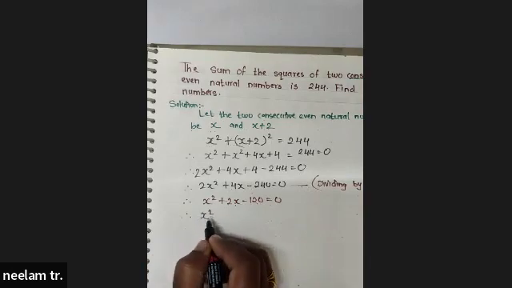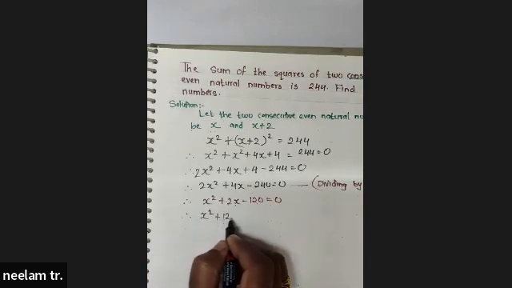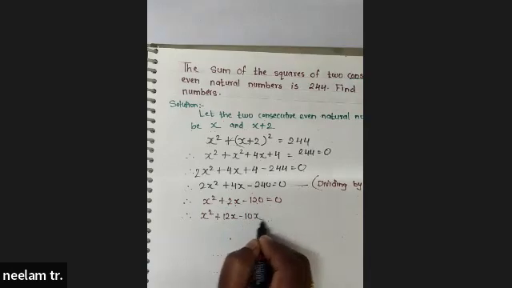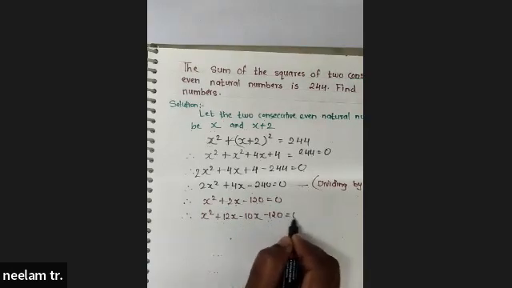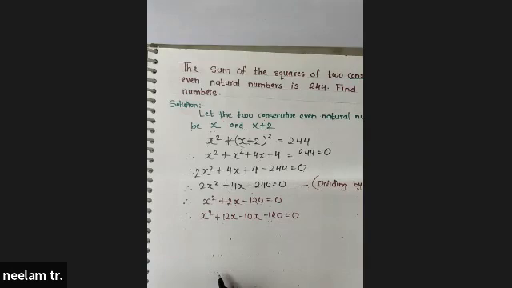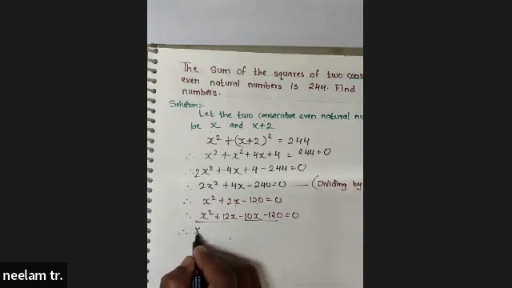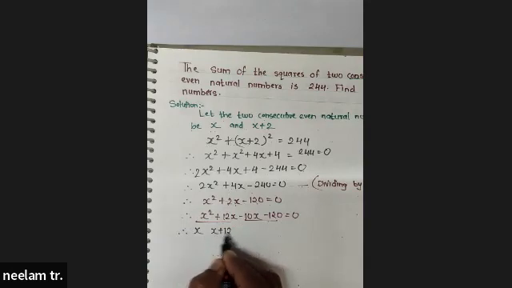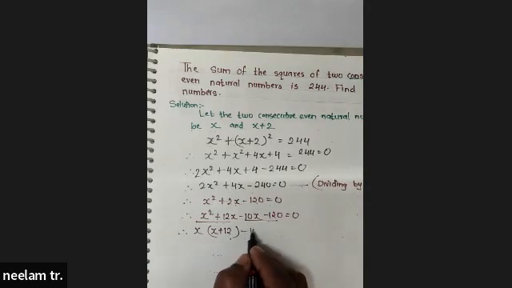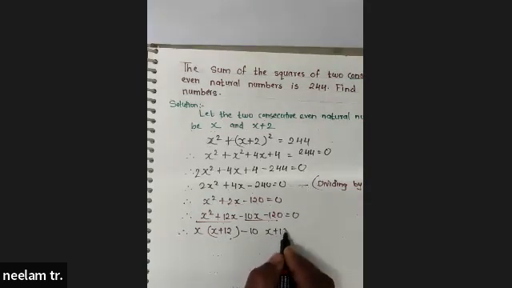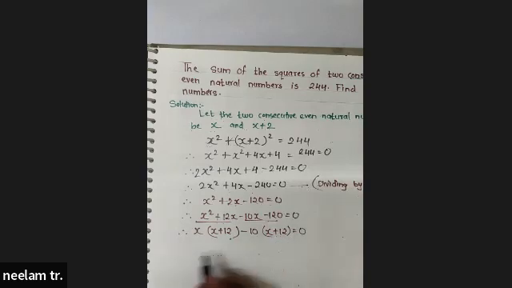That is x square plus 12x minus 10x minus 120 is equal to 0. Now solve this. What common will you take? x. x plus 12, here minus 10, x plus 12 is equal to 0.